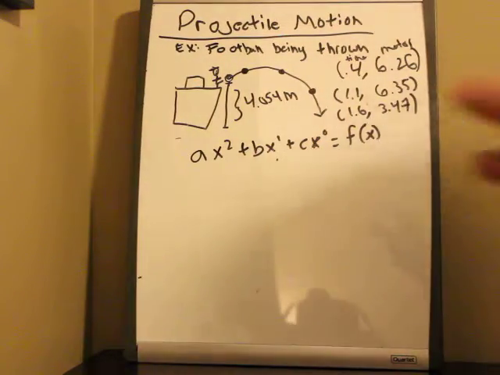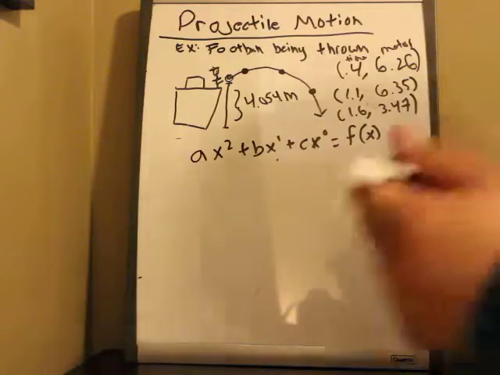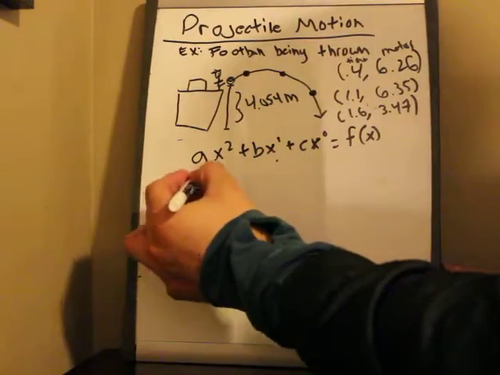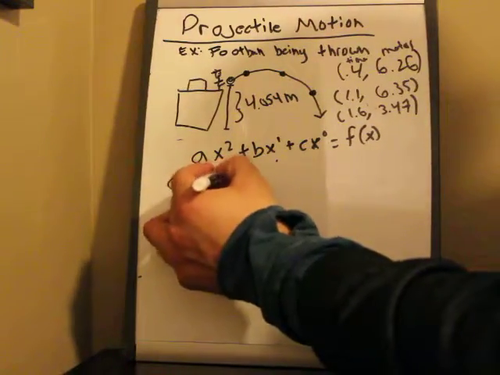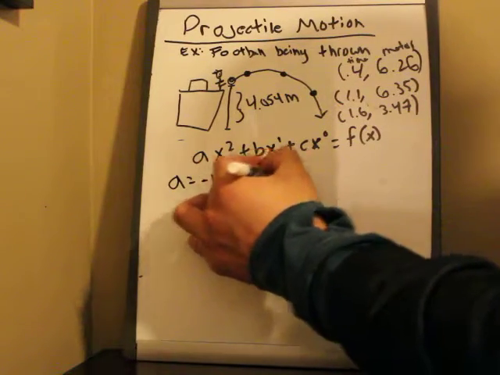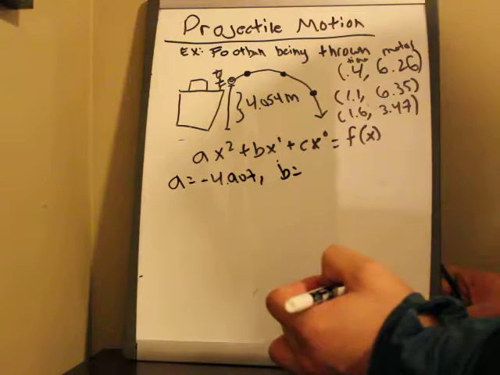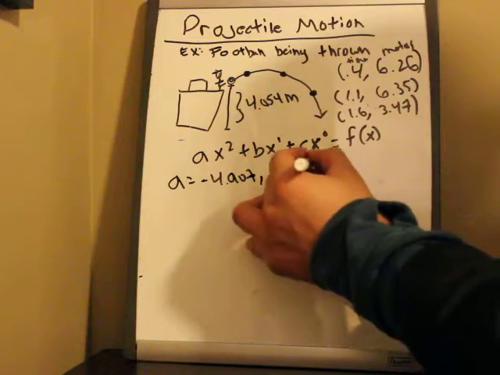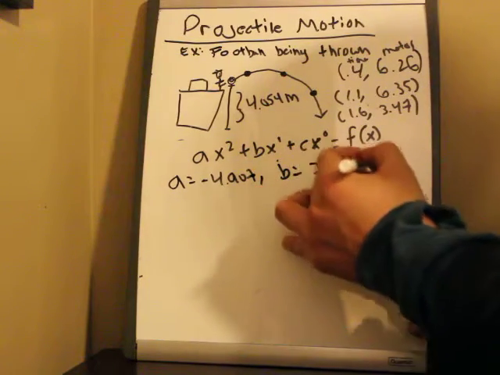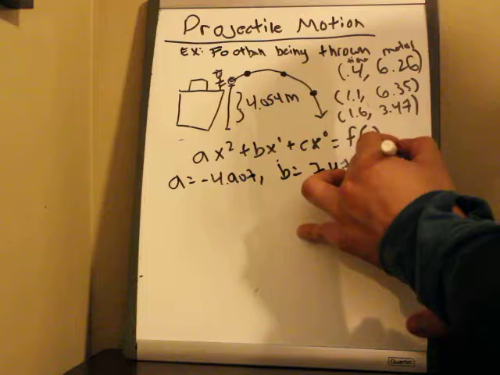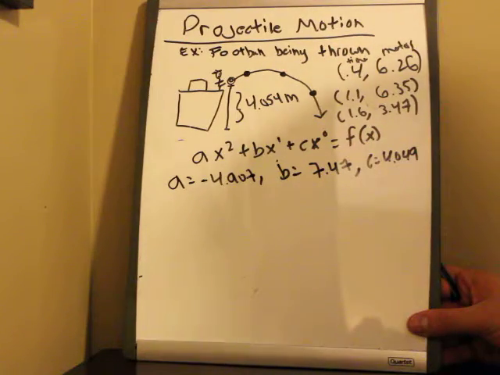We ended up getting that our A value was negative 4.907. Our B value was 7.47, and our C value was 4.049.